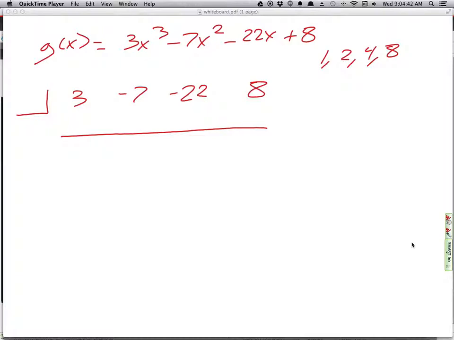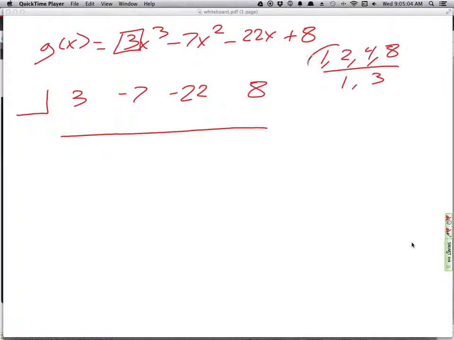But the other thing is, I have a leading coefficient on my largest exponent. If you have a leading coefficient on your largest exponent, you have to take these over here and divide by those, or divide by the factors of that leading coefficient. Okay? So let me explain what's going on here.